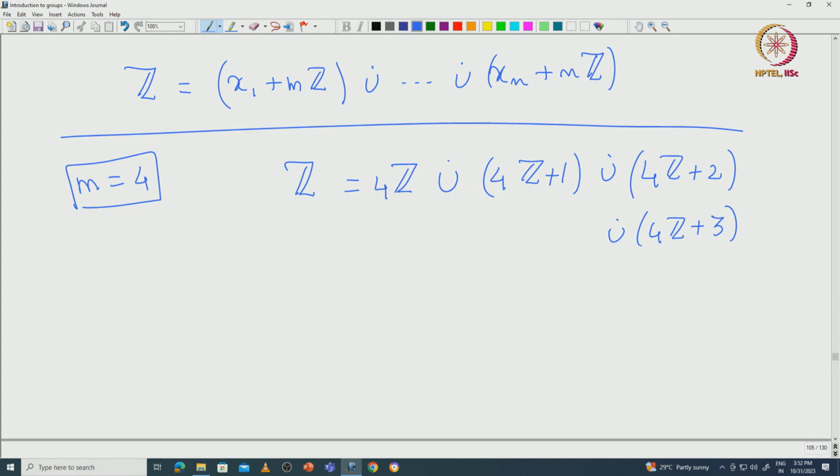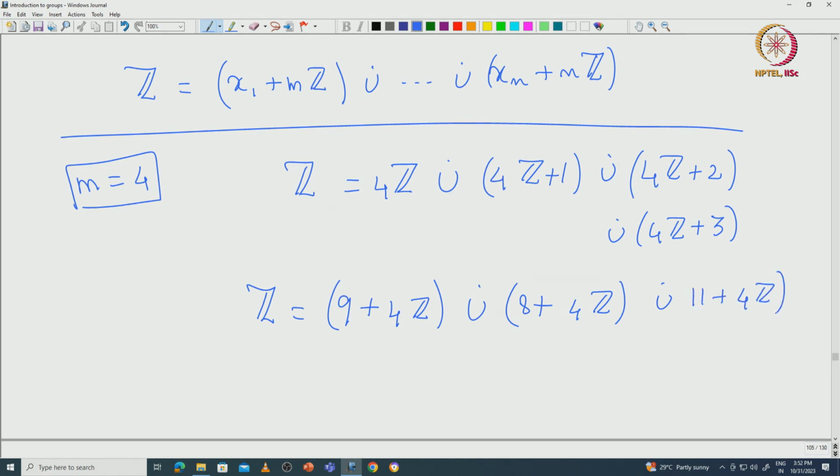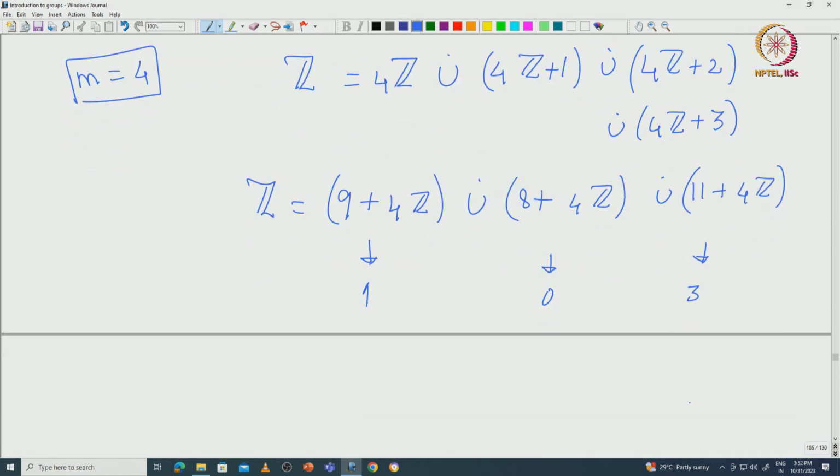Similarly, we can also write Z as, for example, 9 plus 4Z, union 8 plus 4Z, union let us take 11 plus 4Z. So this corresponds to 1, this corresponds to 0, and this corresponds to, if you divide 11 by 4, the remainder 3. So only 2 we need.